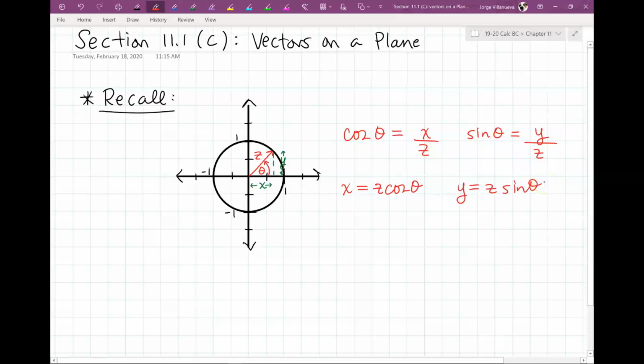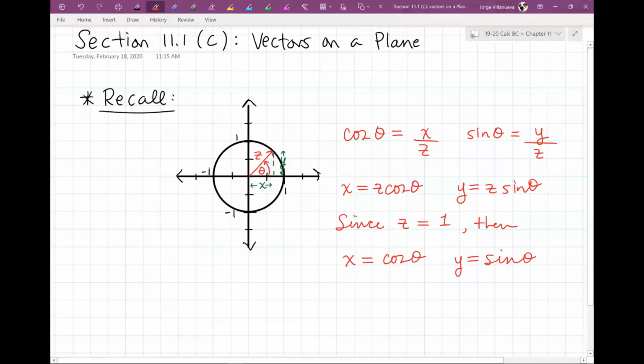All right, but if this is a unit circle, then what is z? What's the value of z? 1, right? Because that's the radius of a unit circle. So since z equals 1, we actually get that x must be cosine of theta and y must be sine of theta, right?